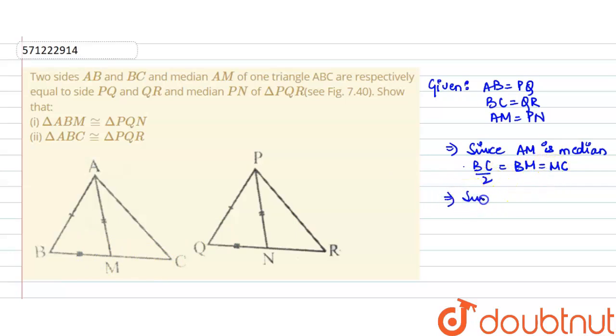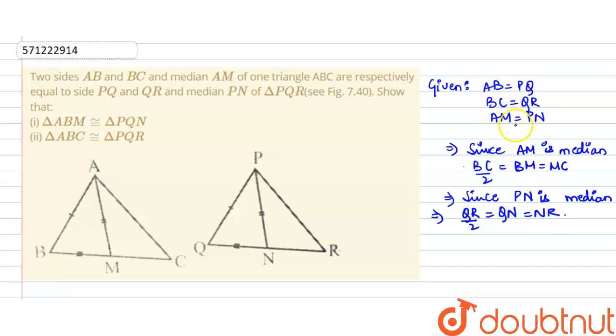Similarly, since PN is a median, in this case also QR by 2 is equal to QN is equal to NR.